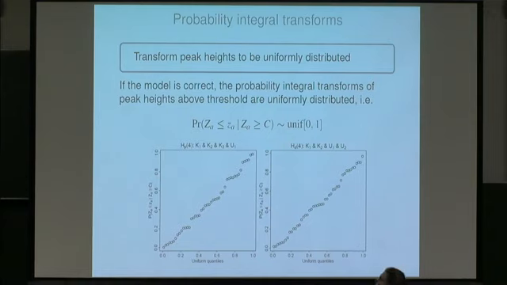So I can now make a sort of joint check of all my peak heights and see whether they are extreme in any way. If they're distributed as I claim they are, we should see a straight line here, a diagonal.